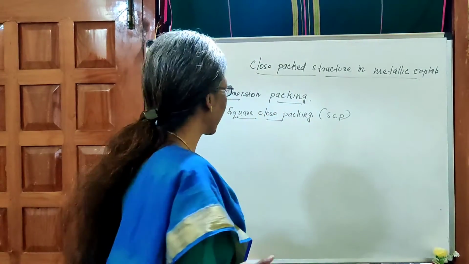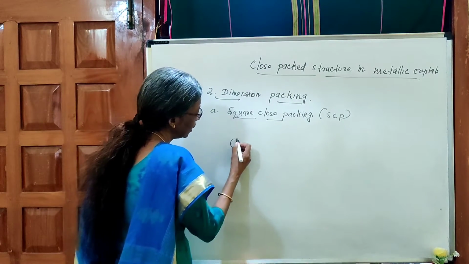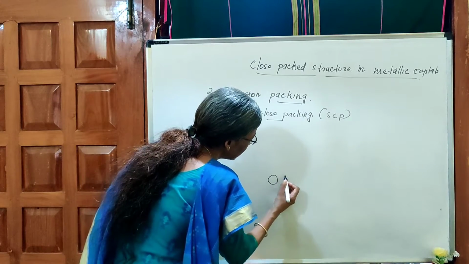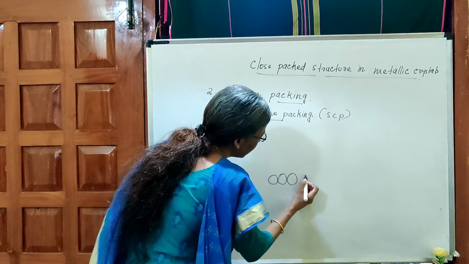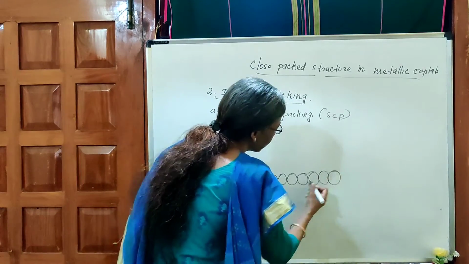In square close packing, you see here, first we arrange this one: 1, 2, 3, 4, 5, 6, 7.